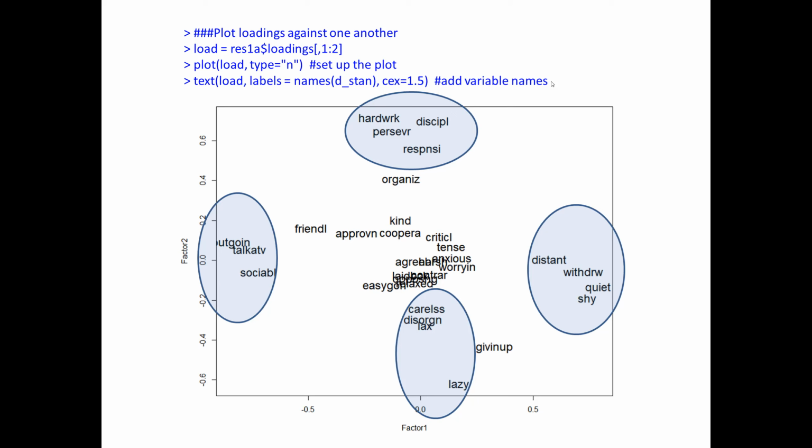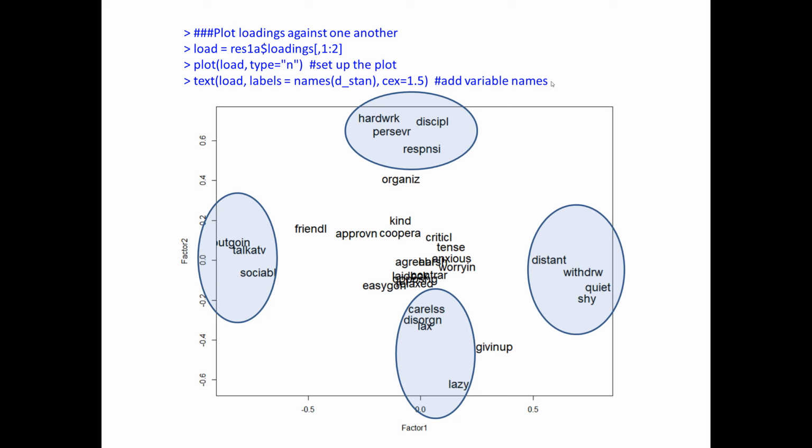Also, you can see for factor 1, hardworking, perseverant, disciplined, responsible, as opposed to careless, disorganized, lax, lazy, giving up. You can see that this seems to actually be working pretty well. Variables that should be together, hang together, are coherent for a factor seem to be that way.